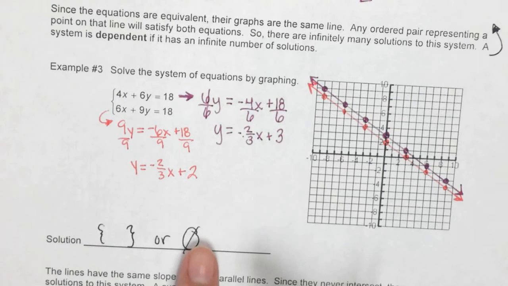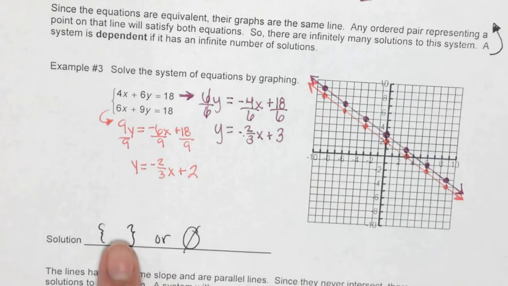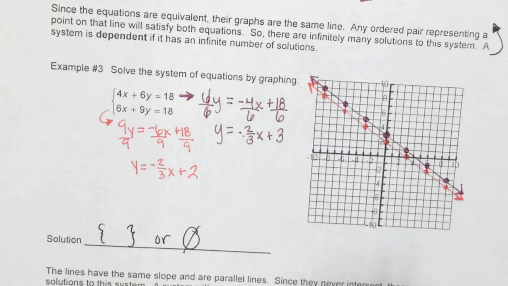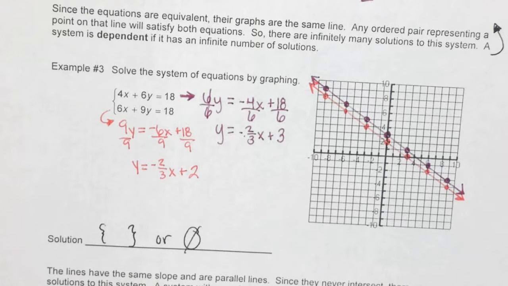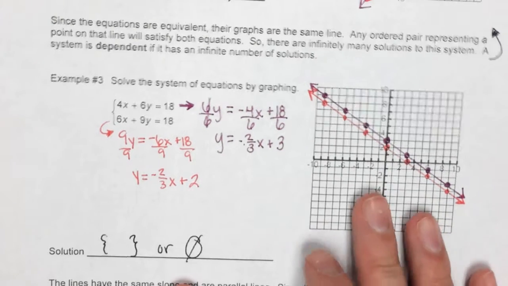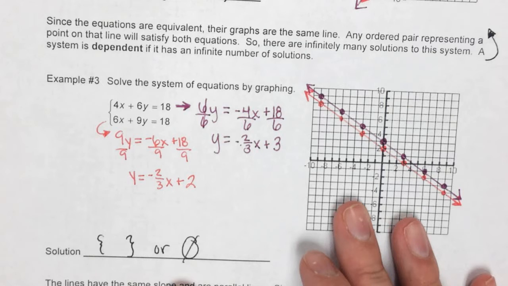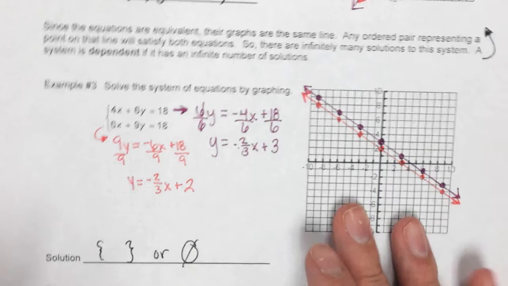But you can't put the null set inside the empty set, because then you're saying the set of no solution, it's just saying it too many times. It doesn't work. So one or the other. Okay? All right. So how would we classify this? Is it consistent? Is there a solution? No. So we can't say it's consistent.